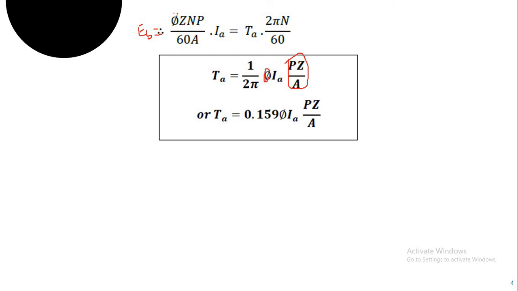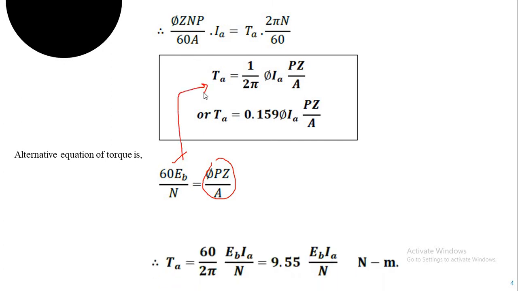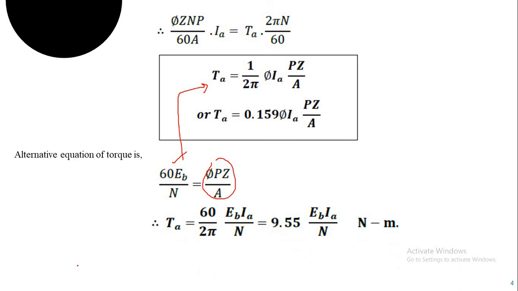With the help of this, I can write phi P Z by A as EB into 60 divided by N. I'm going to substitute that in the above expression, 1 by 2 pi into phi IA P Z by A, so that I get 60 divided by 2 pi into EB into IA divided by N. 60 divided by 2 pi is nothing but 9.55.